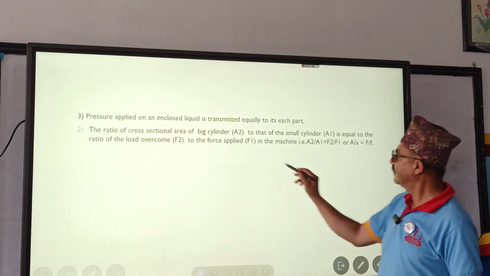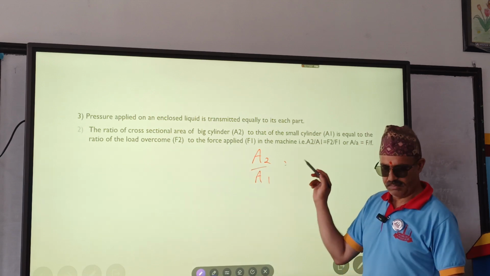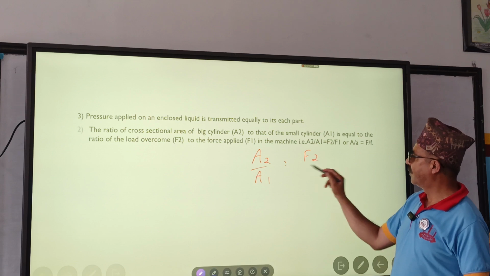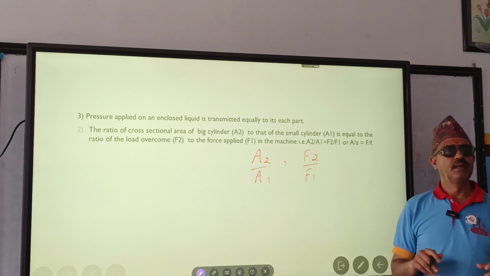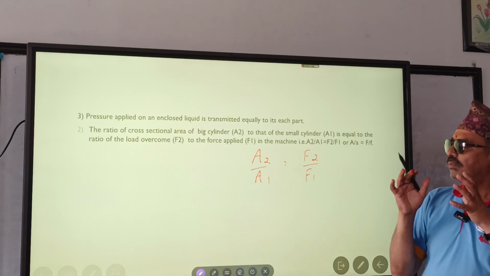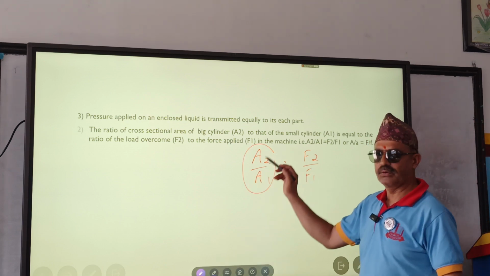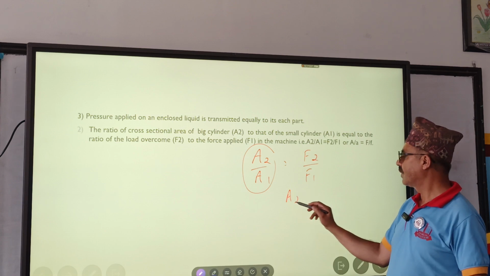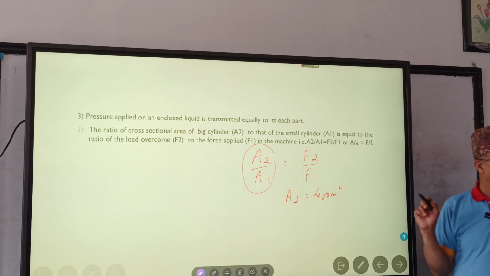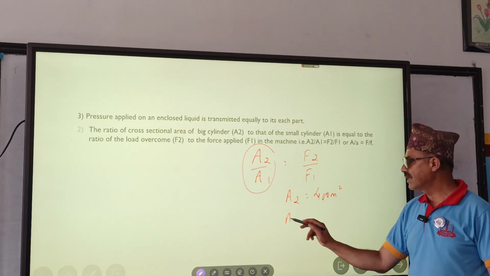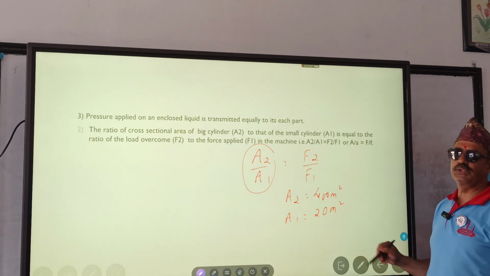It means A2 by A1 is equal to F2 by F1. Remember, how many times more load can be lifted? For that, if you find this ratio, we can find out. Suppose A2 is 400 square meters and A1 is 20 square meters.